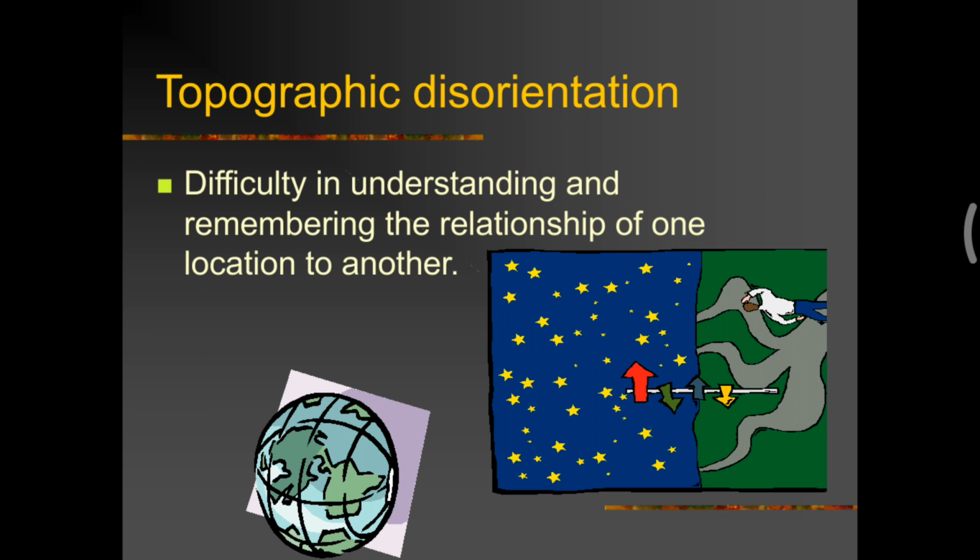Topographic disorientation is a very unique disorder where we find a lot of difficulty in knowing the geographical location outside our house. You would have commonly seen that some of us would be very good at telling routes to go to a known place, but a lot of others would be having a lot of difficulty in telling how to go.